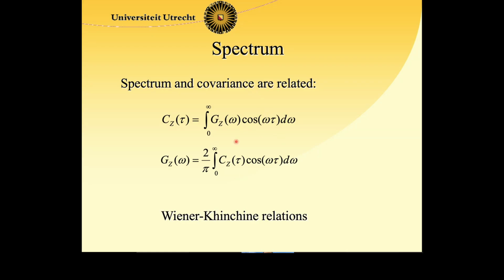So if we know the covariance of a stationary random function, we take the so-called Fourier cosine transformation and get the spectrum. The other way around, if we have the spectrum and we take the Fourier transformation, we get the covariance function. So they are related.